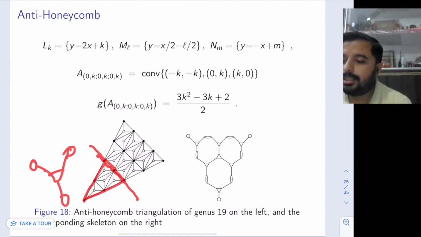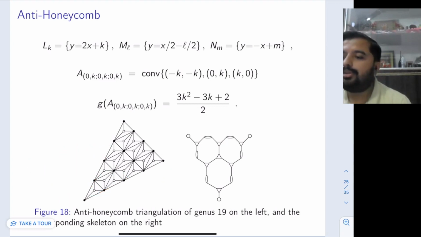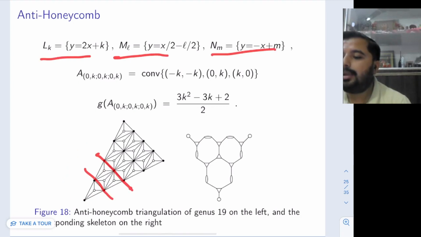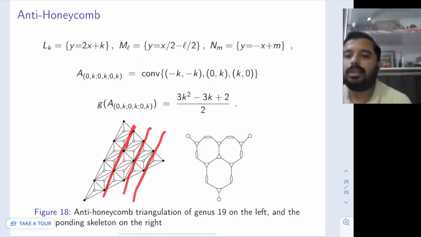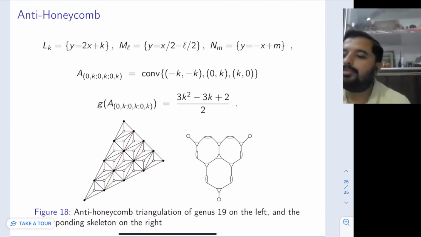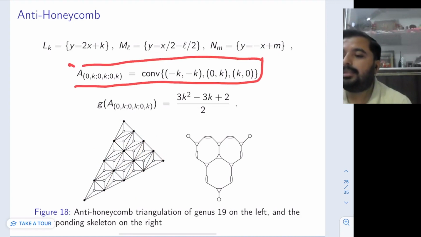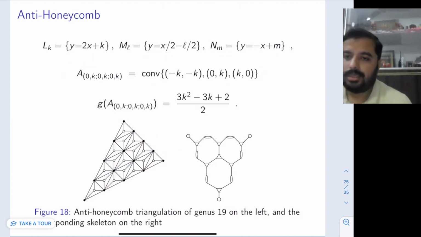You can see that triangle here, which is just copied. You can consider these three families of parallel lines, these ones and these ones, and then there's another one, this one. These three families of parallel lines give a parameterization of the anti-honeycomb polygons that we consider.